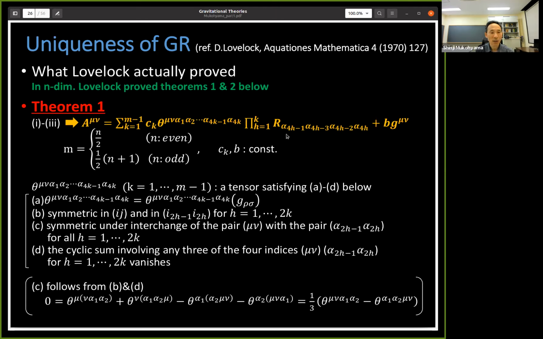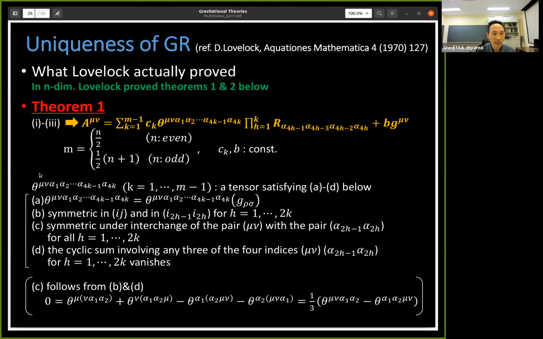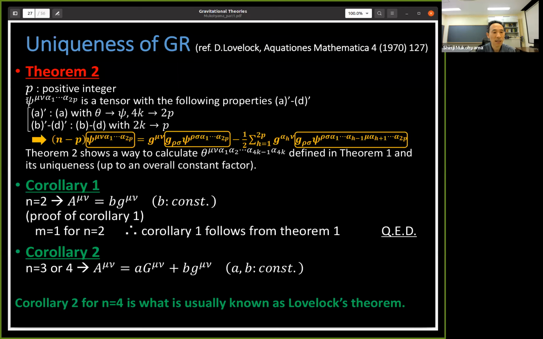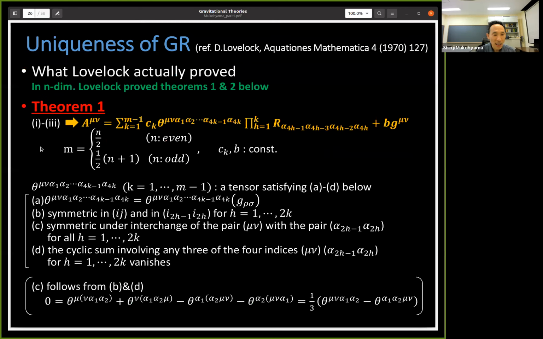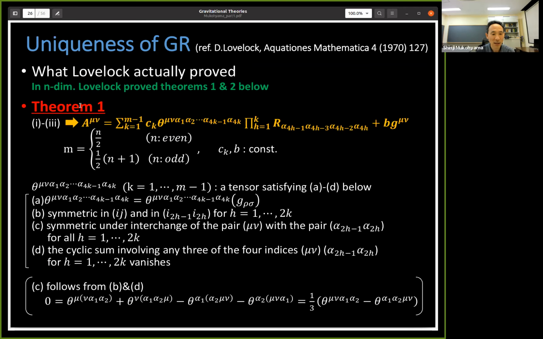Theorem 2 tells us how to compute this coefficient and also the uniqueness of this coefficient. Theorem 2 is like this. A bit of a generalization of this tensor is this tensor psi. Theta has 2 indices plus 4k indices, so in total 4k plus 2 indices. Instead of 4k, here in theorem 2, we have 2p. P is an integer, k is an integer.